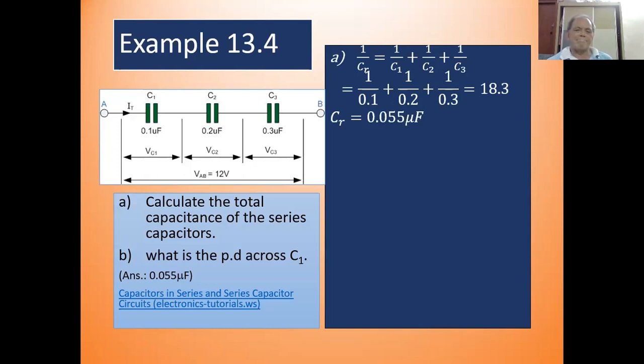No need to convert. I got the answer. Whatever unit you use, you get a unit back. Then how to calculate the PD across C1? Q equals CV. That's all.